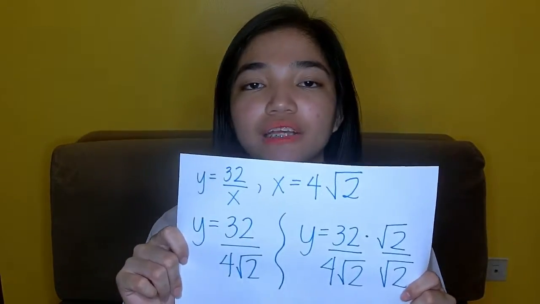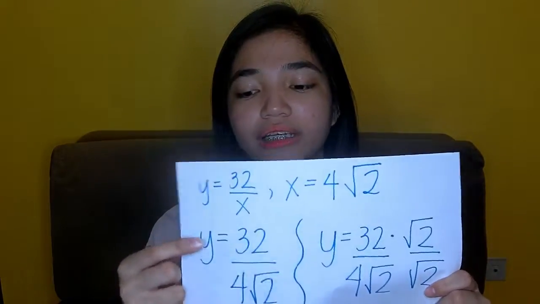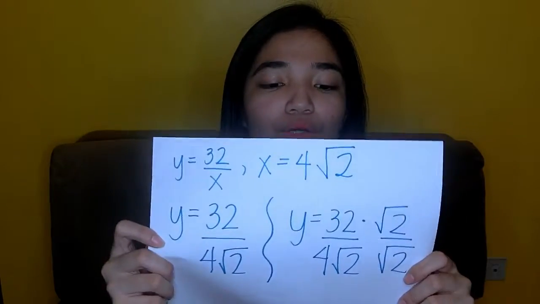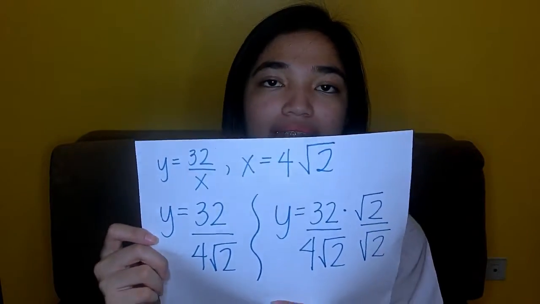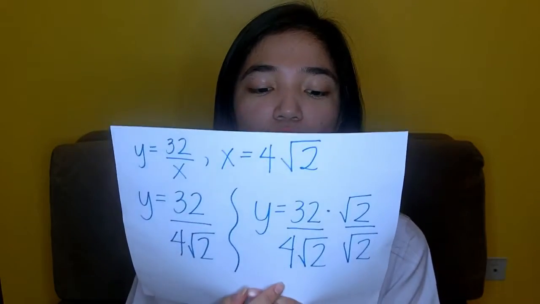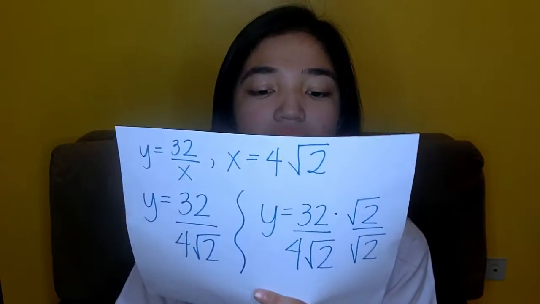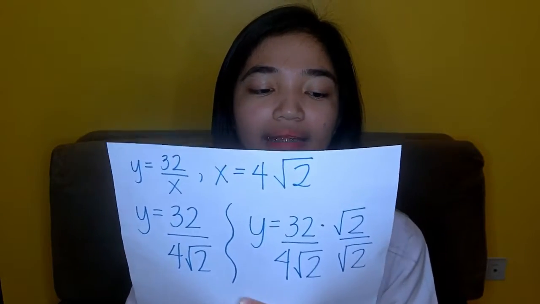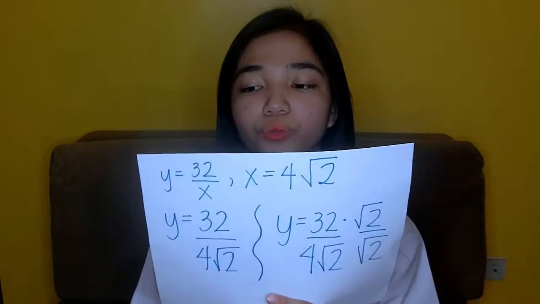To find the second value of y, we substitute the second value of x into the equation. Substituting x into y, y equals 32 over 4 square root of 2. To rationalize and remove the radical sign in the denominator, y equals 32 over 4 square root of 2 times square root of 2 over square root of 2.